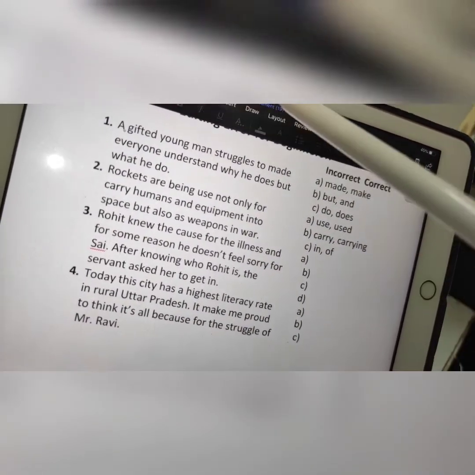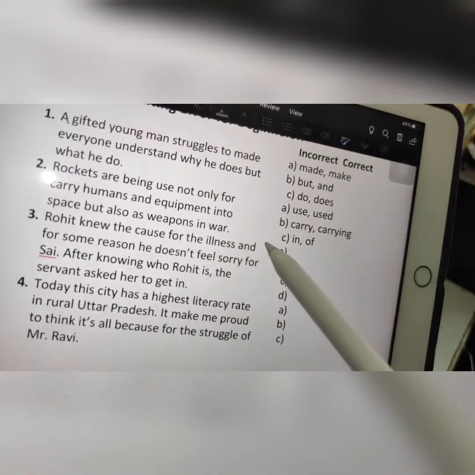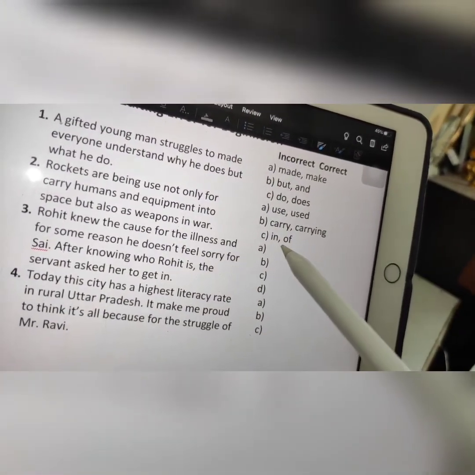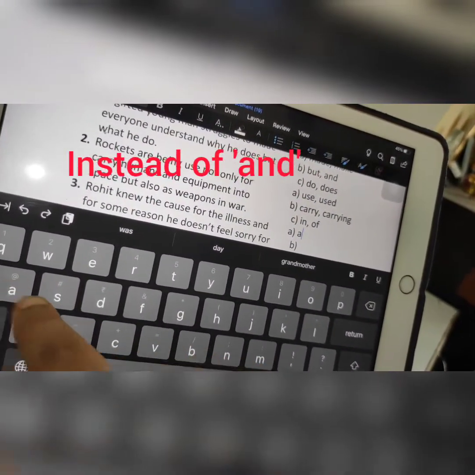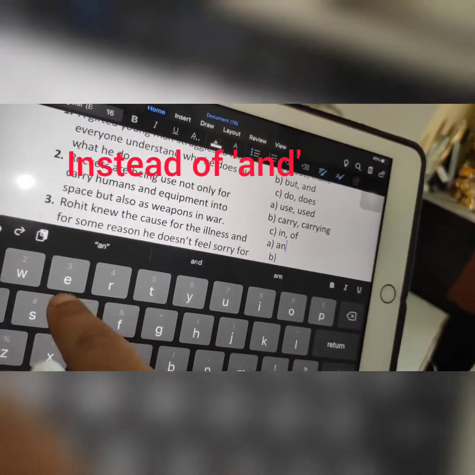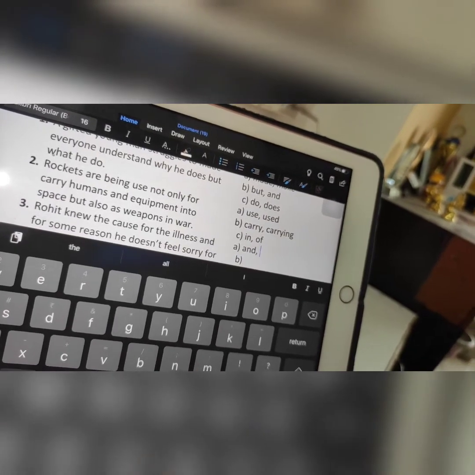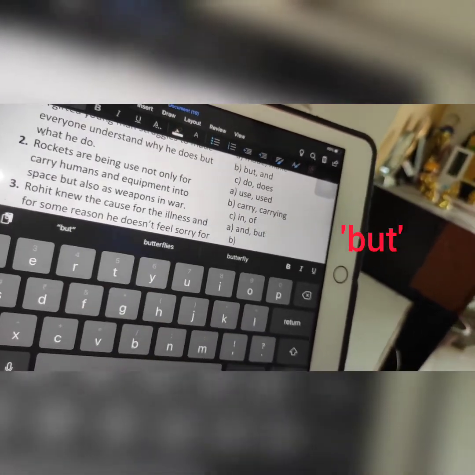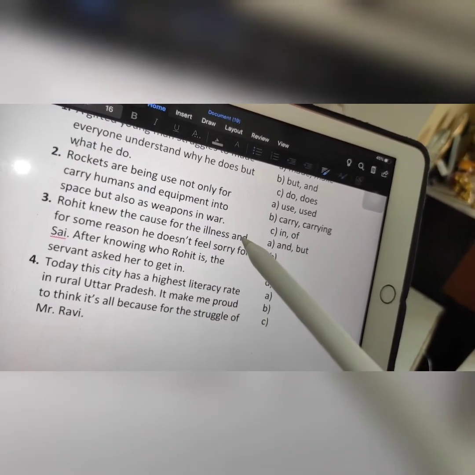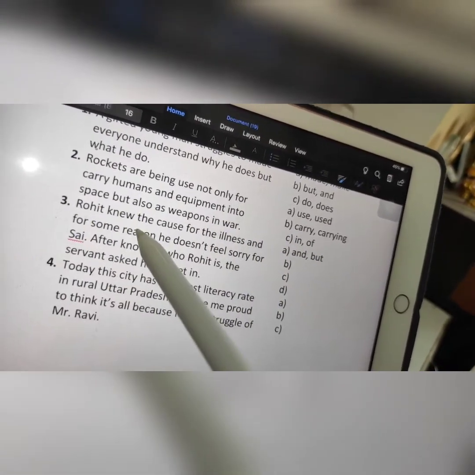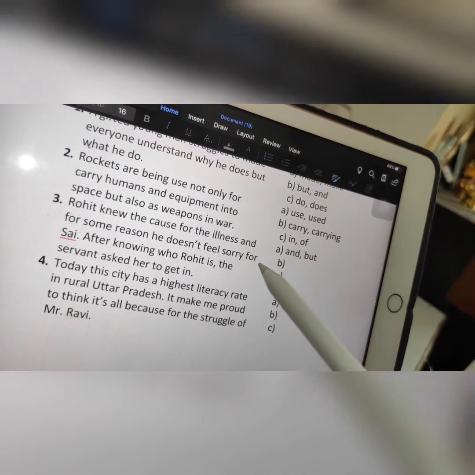So here the error is and, the correct word is but. So I will write down and first and then but. So Rohit knew the cause for the illness, but for some reason he doesn't feel sorry for.